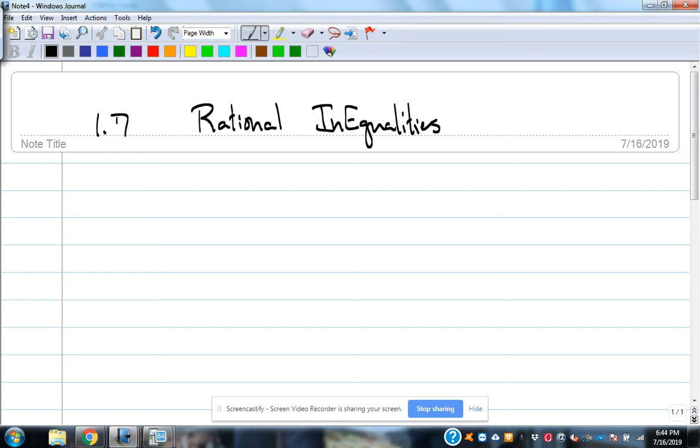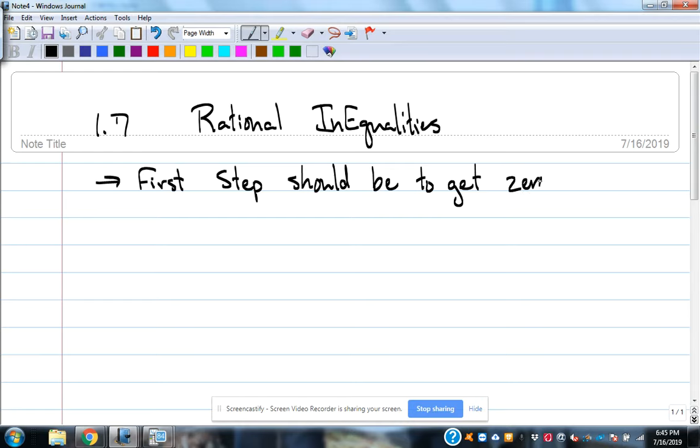Rational inequalities, okay? The only big difference in doing these compared with doing equations is that the first thing you want to do is get 0 on one side.